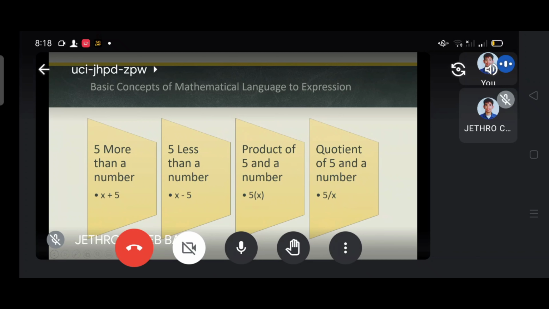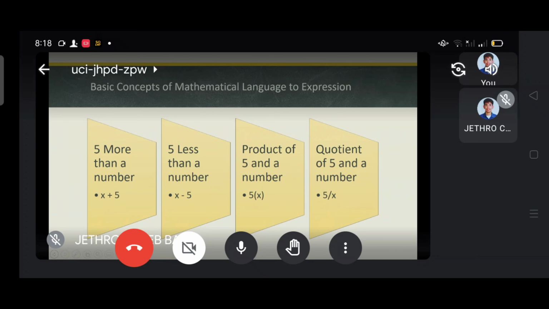Take note again, ang number na tinutukoy dito is the variable x. Okay? Next, 5 less than a number. Less than means minus, nabawasan siya. So, 5 less than a number is the same as x minus 5 kapag tinranslate natin siya sa mathematical expression.